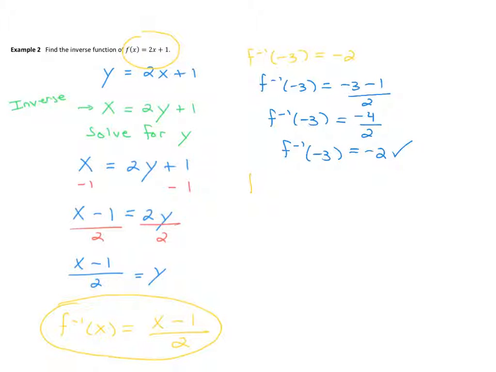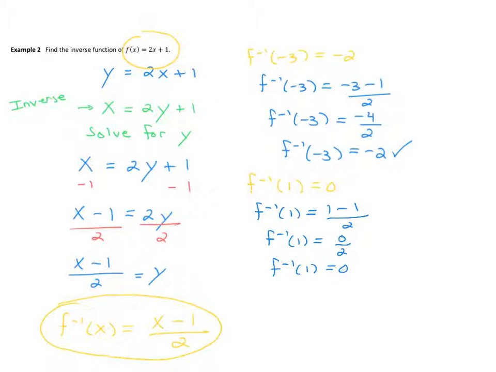What was the other one? f inverse of 1 is equal to 0. If I put 1 into this formula, do I get 0 back for the y value? Yes. f inverse of 1 means I put 1 in place of all the x's, and when I simplify this, I get 0 over 2, which is in fact 0.